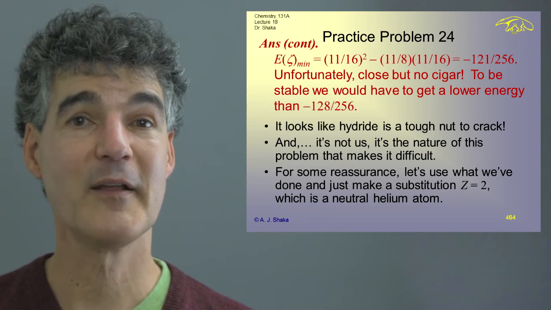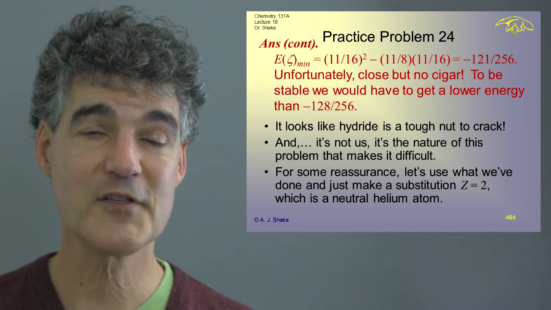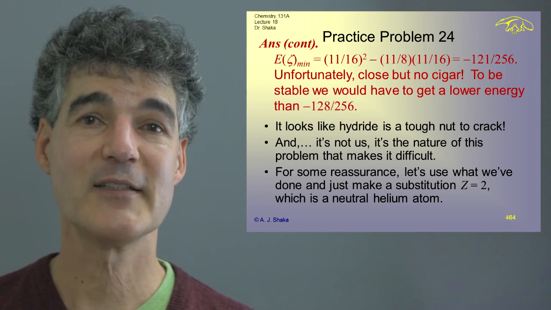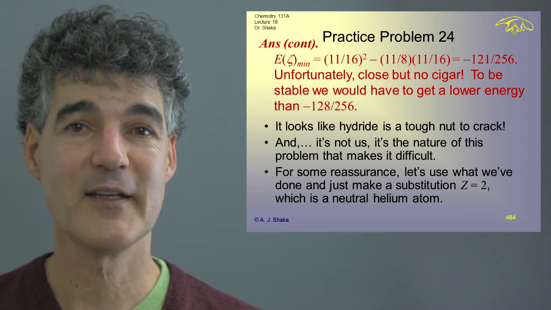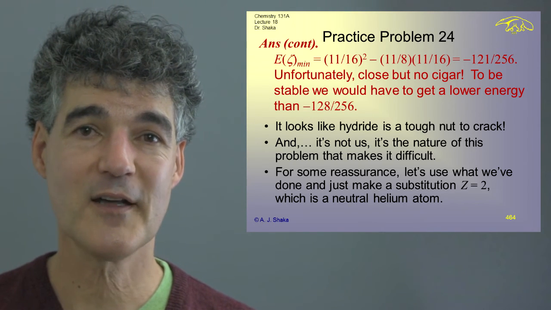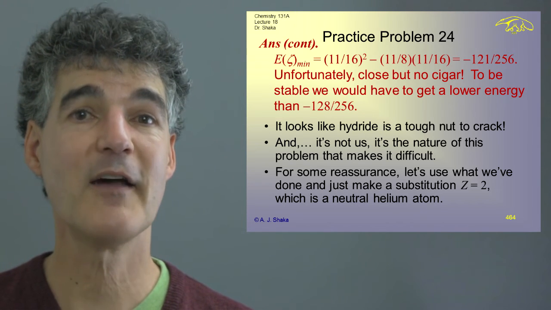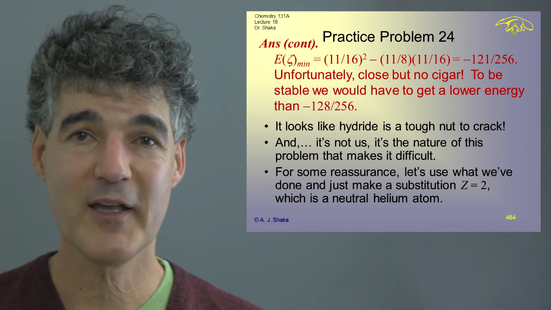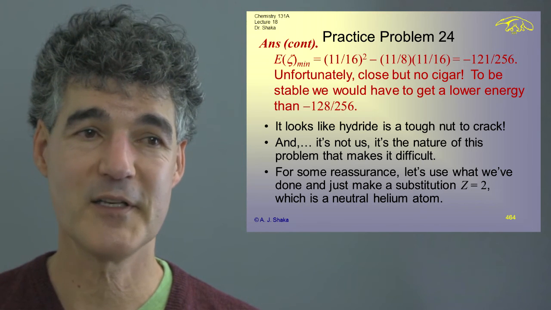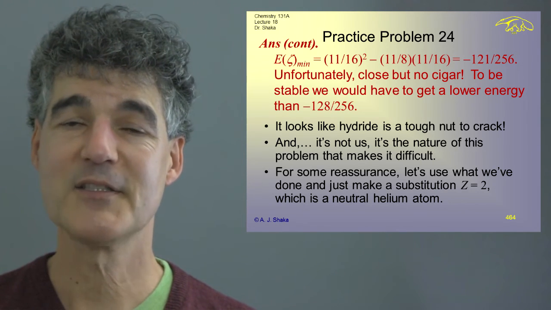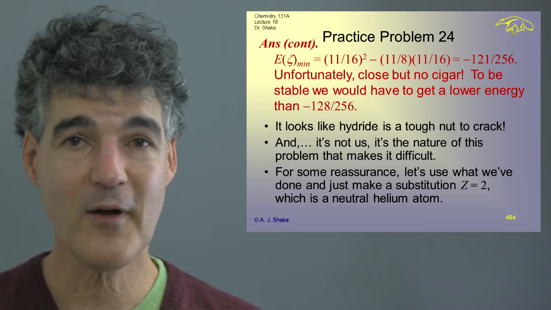We're going to crack it, but we're going to have to go into the kitchen, and we're going to have to get some tools out. And some nuts are Brazil nuts and other nuts are peanuts. You can open them with your fingers. This is definitely a macadamia or a Brazil nut, and it's going to be tough to crack. It's not us. We didn't do anything wrong.